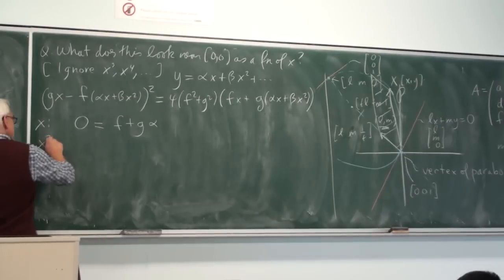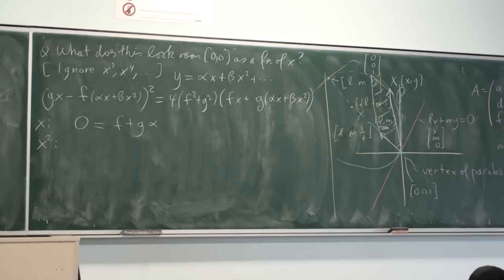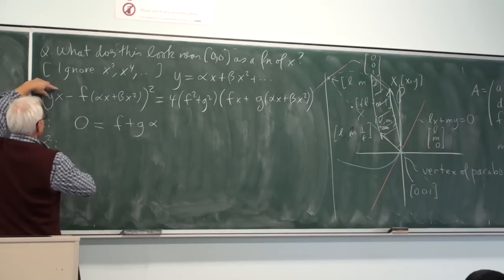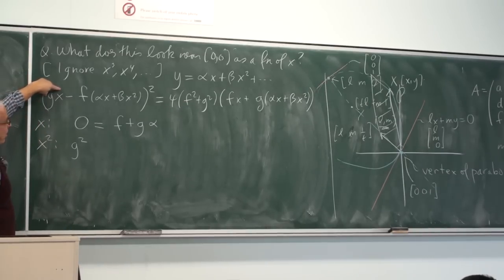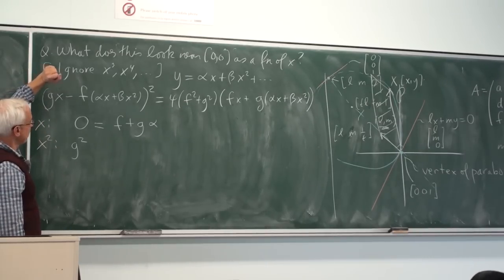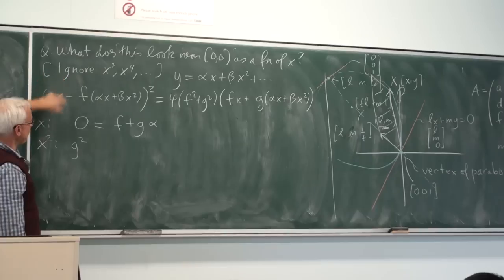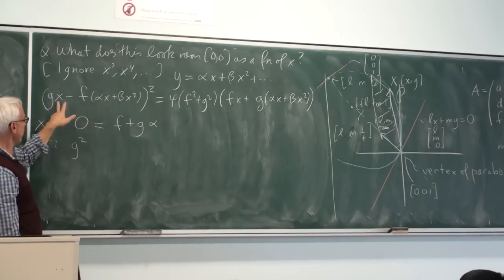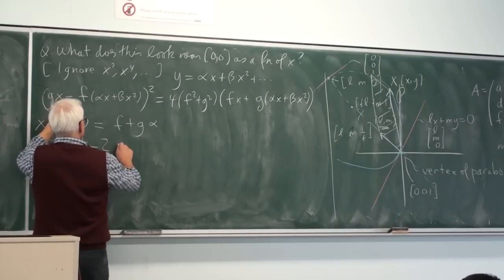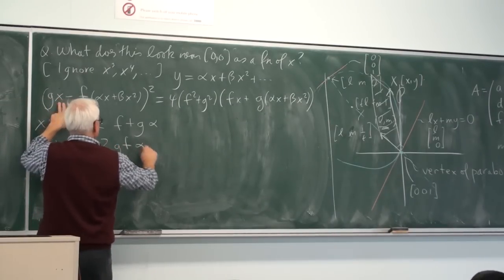What about the coefficients of x squared? Well, on the left-hand side, how are we going to get an x squared? We're going to get an x squared by squaring this term. So the square of this term would be g squared. And if we take minus twice the product, we'll get an x squared term. So minus 2gf times alpha.